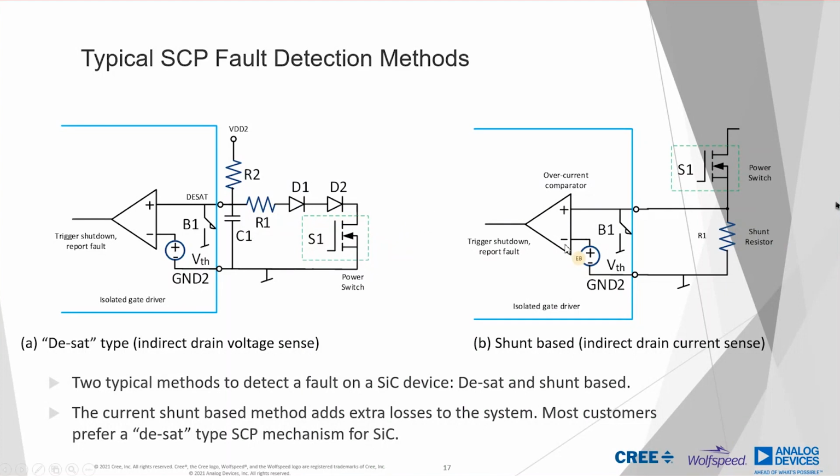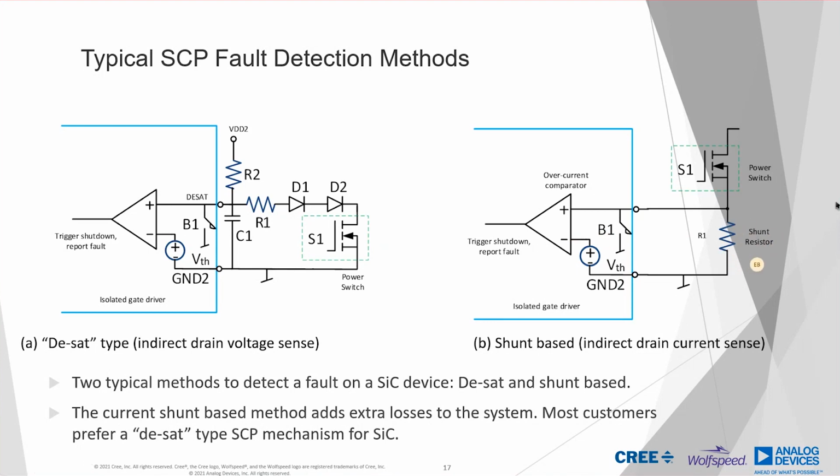trip. The shunt-based method is measuring the current through the shunt resistor, and then when it increases past a threshold, you can trip. So it works well if you have lower power converters, because you're basically going to be putting all your load current through the shunt resistor.